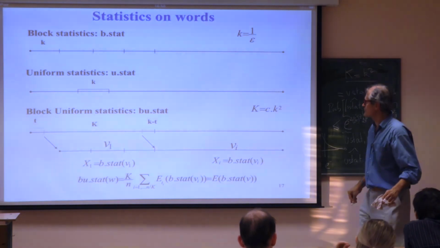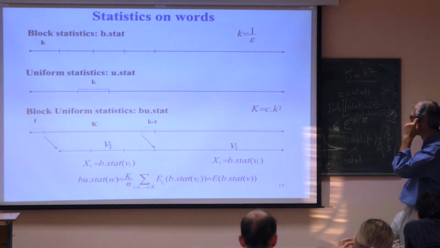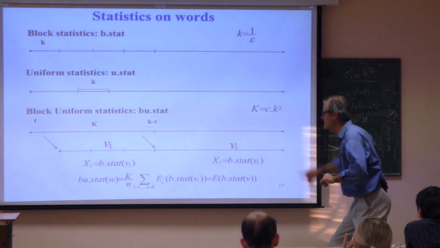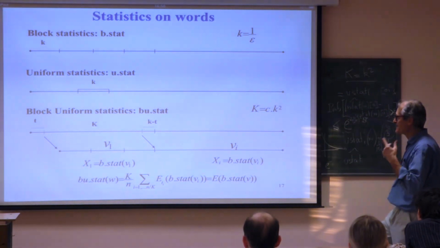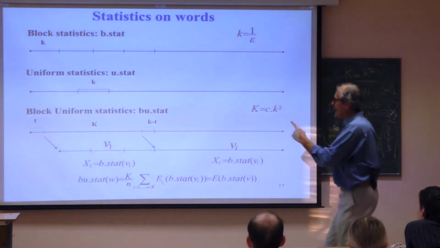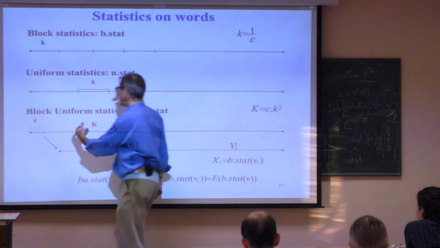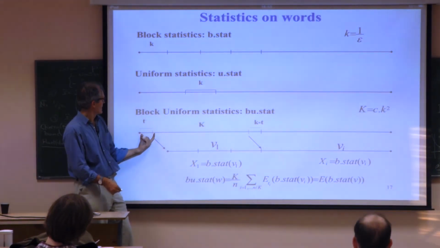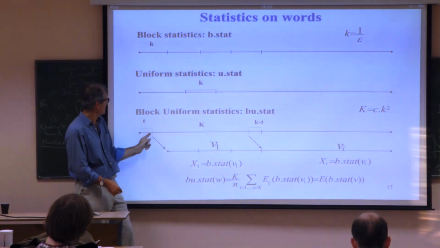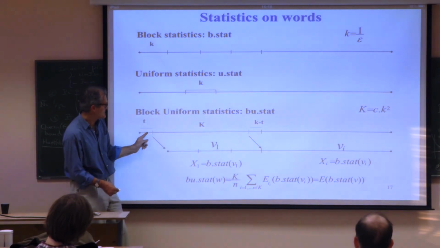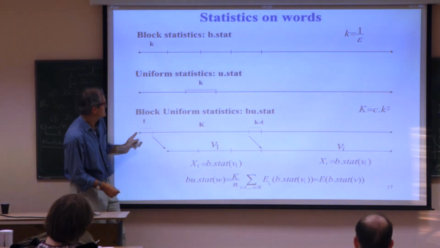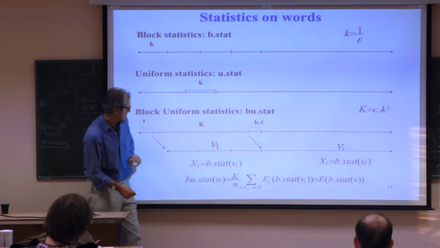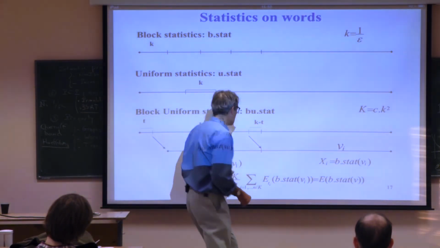So I have big blocks, say a constant times K squared, and then I take the first small block and I make a random shift by a value which is smaller than K. This T is going to be random.